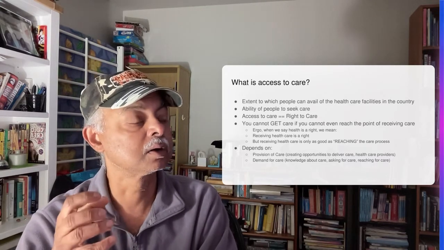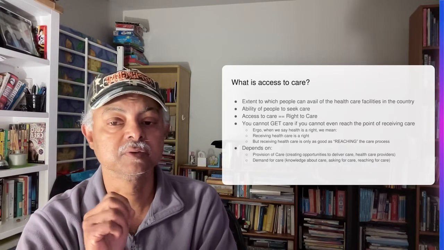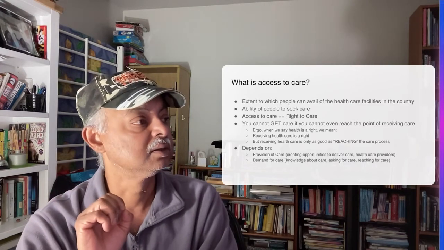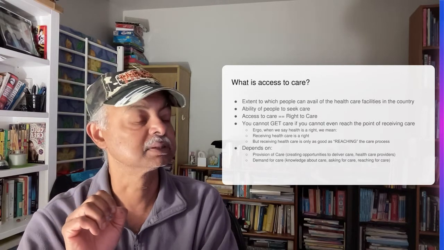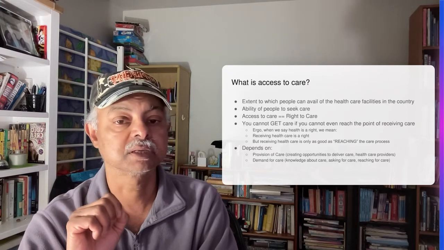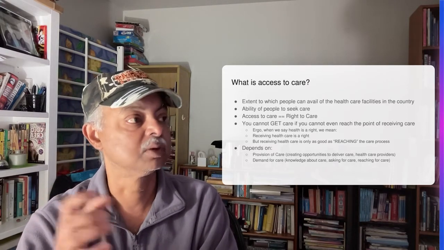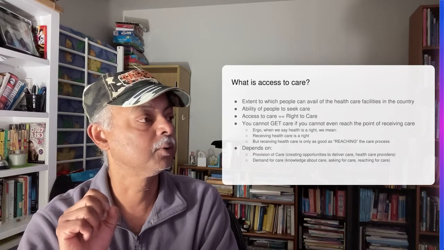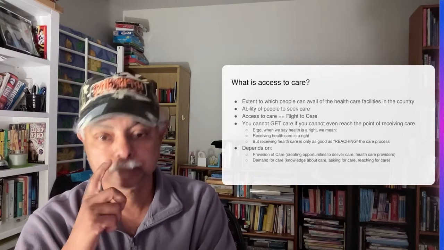Are you capable of visiting the care center? For example, there is a health center on the campus for the students and also for the faculty members. Are people able to make it to that health center in time? If you've got a class and you've got an appointment, then there is a conflict, and you're not able to reach that place in time.